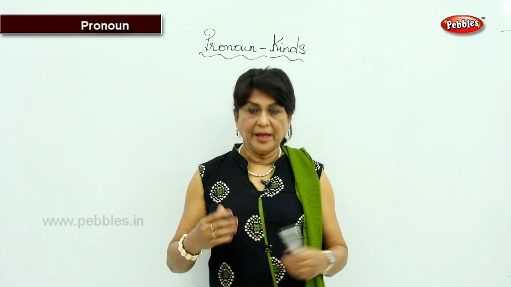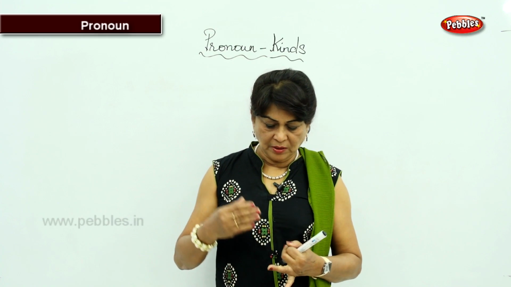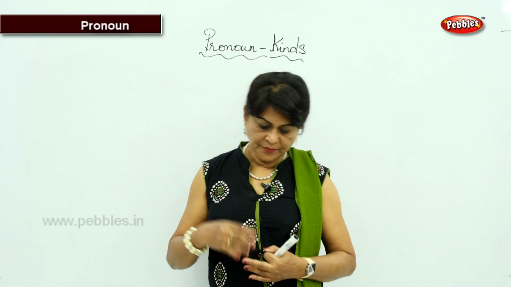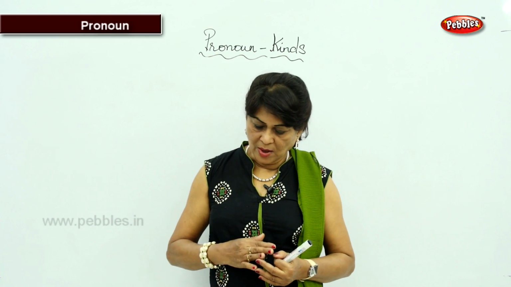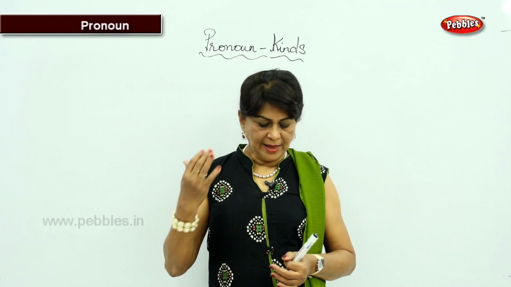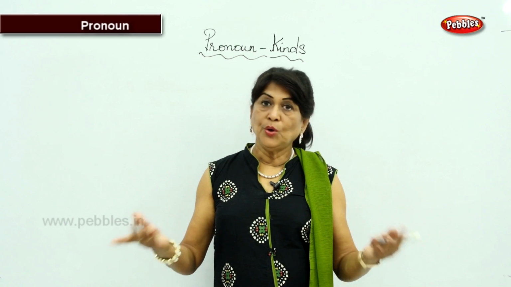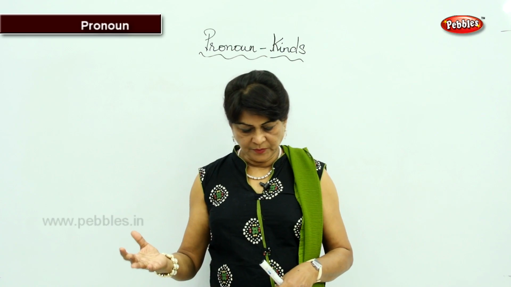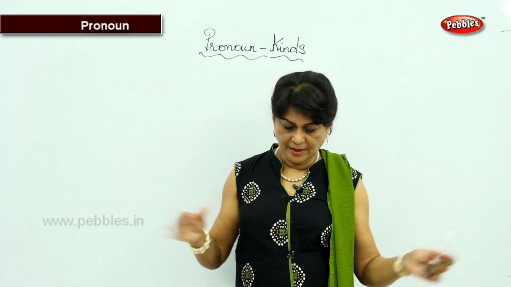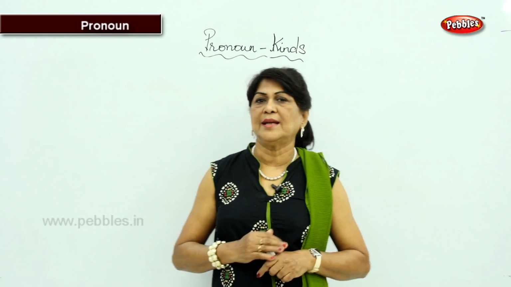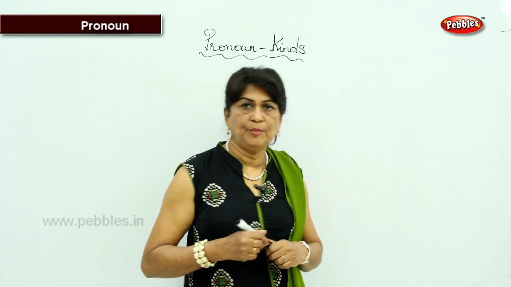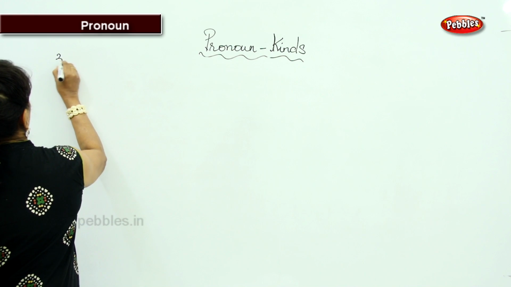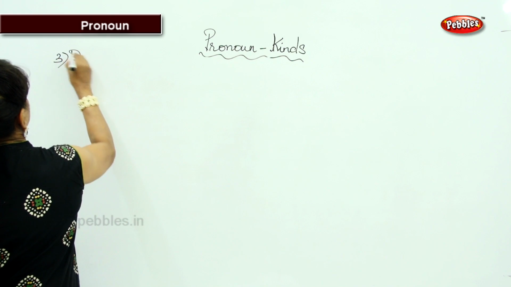They include each, each other, one, one another, some, someone, anyone, everyone, no one, anything, everything, either, neither. All these are distributive pronouns. This is the third kind.